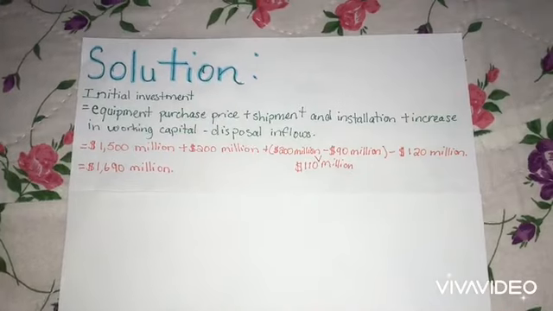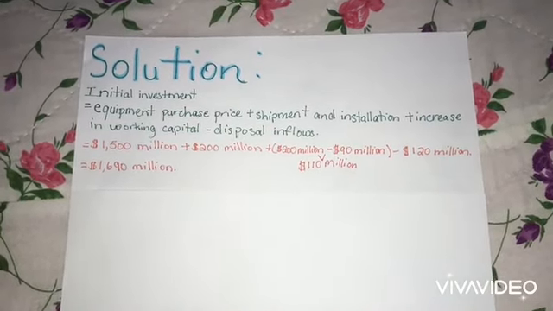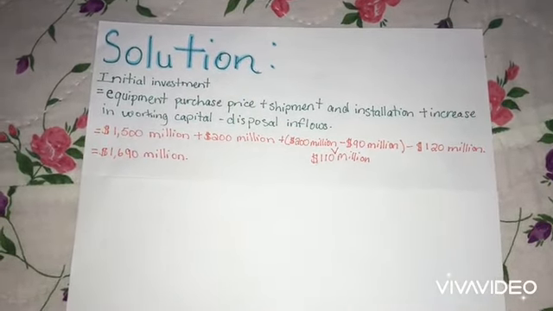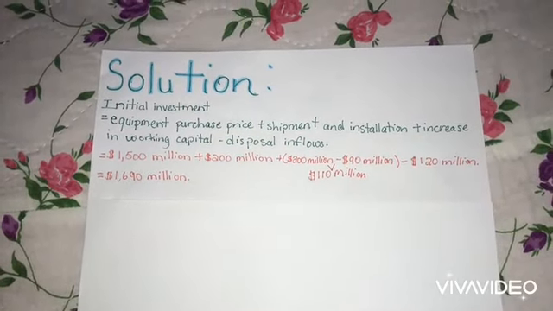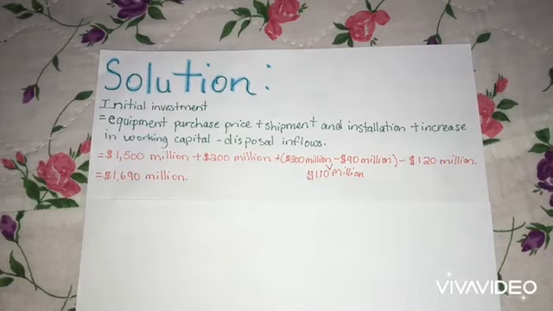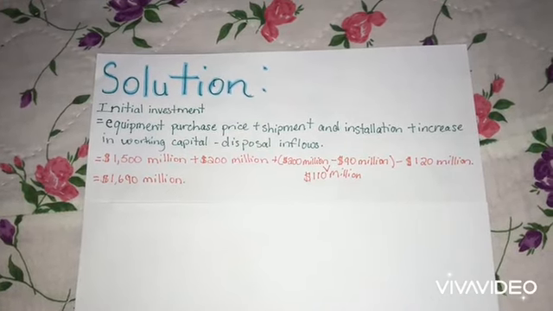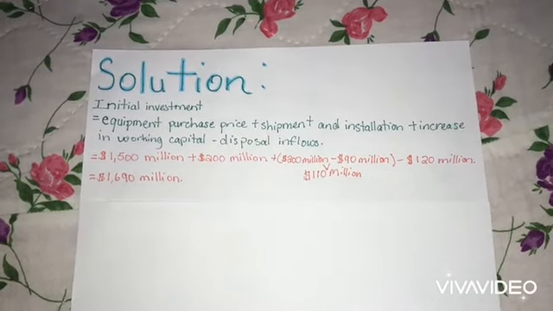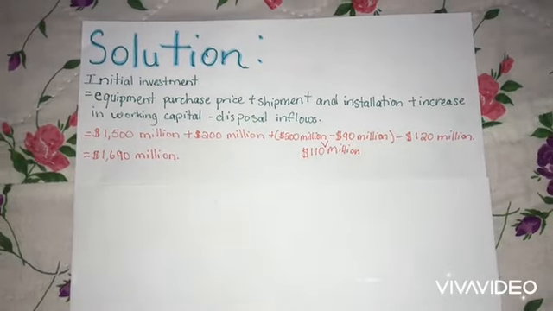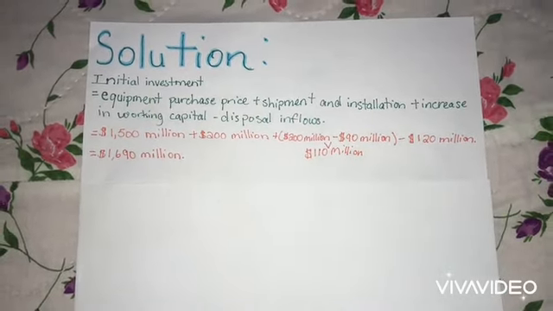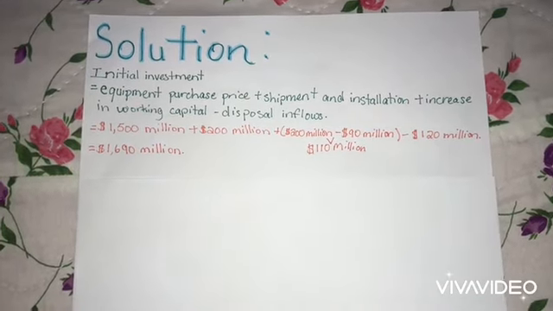Okay, so here's the solution for the problem. It will start off with the initial investment equals equipment purchase price plus shipment and installation plus the increase in working capital minus the disposal inflow. Now, for the calculations, you'll have 1,500 million plus 200 million.